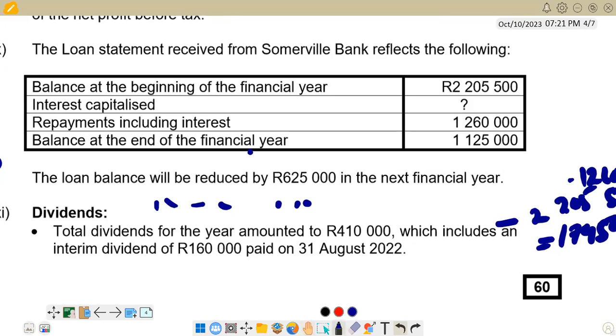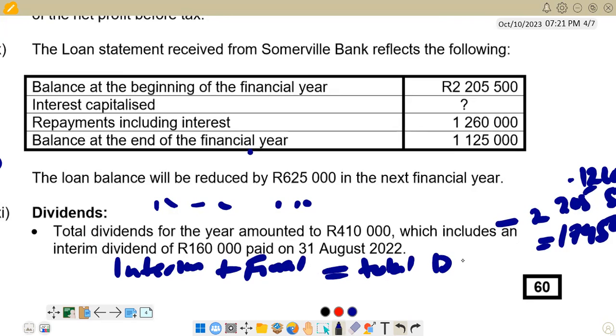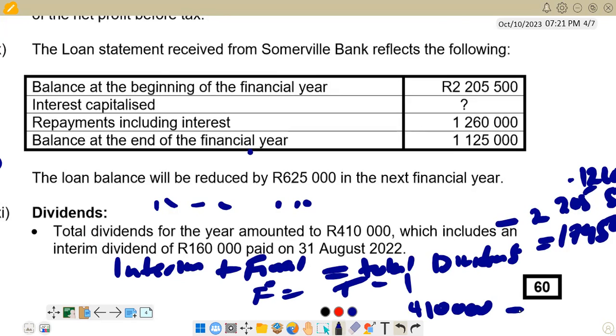So we need final. Remember, interim plus final is equal to total dividends. So the one that we need here is final. Final is equal to total minus interim. Our total we are given is 410, and then we subtract our interim, which is 160,000.